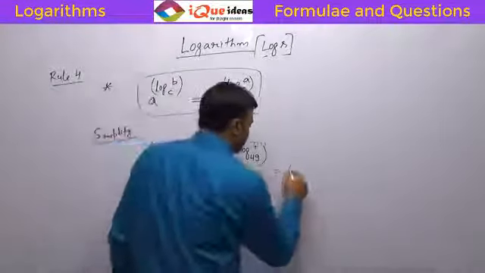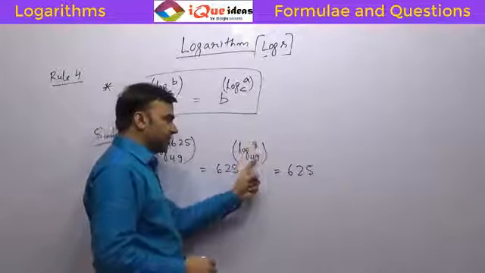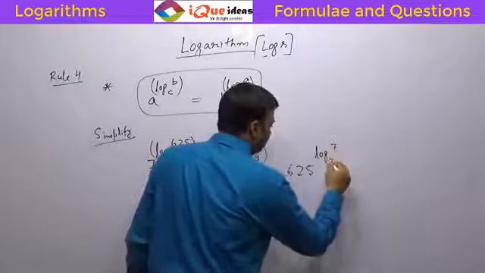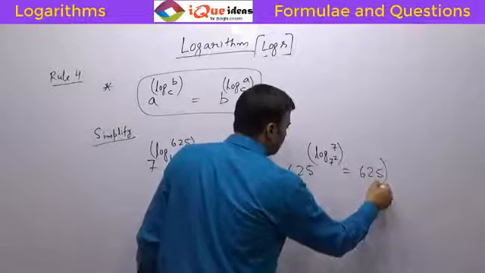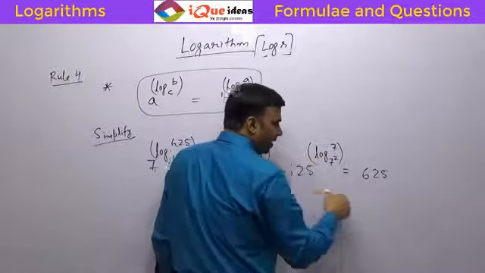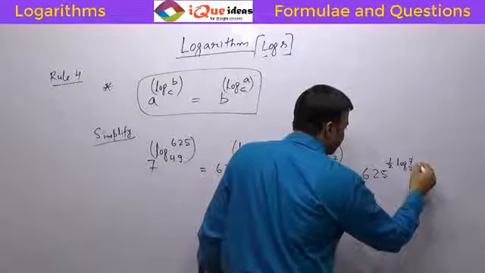Now this is 625, and here this is 7 raised to 1 and this is 7 raised to 2. So I can write it as log of 7 to the base 7 square. So this one becomes 625 to the power, from here this 2 comes out in the denominator, so it becomes 1 by 2 log 7 to the base 7.